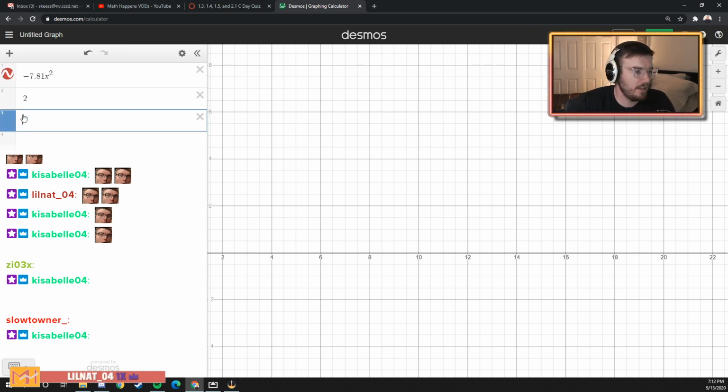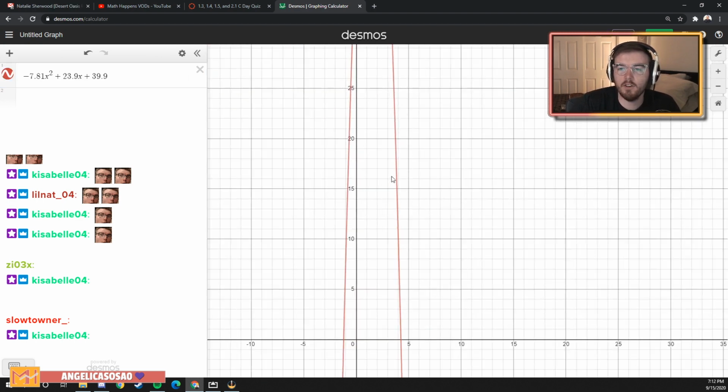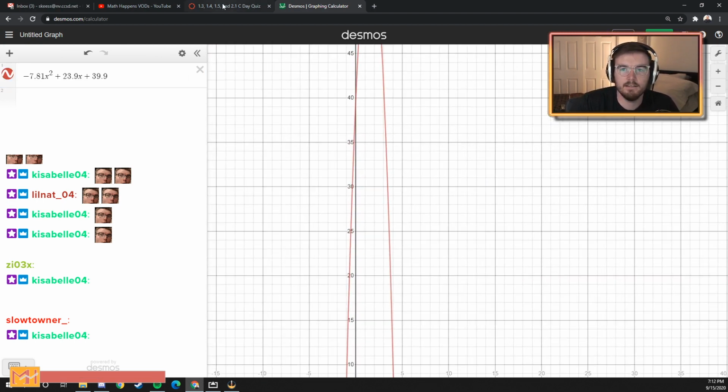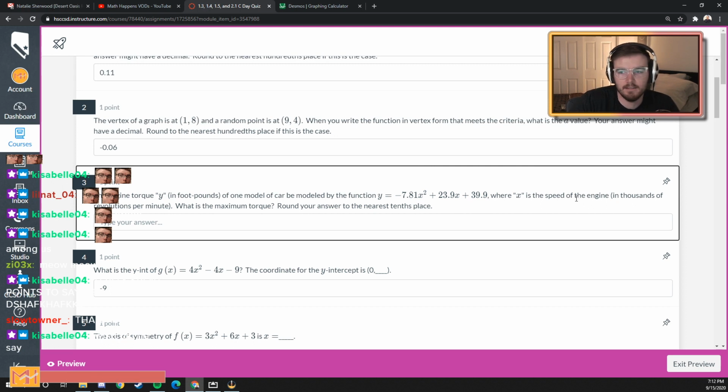I don't know anything about engine torque. What did he say? He said, thank God. So I don't know anything about engine torque, but I know that this graph represents engine torque. So the y-axis is torque, the x-axis is revolutions, I mean, it tells me that.